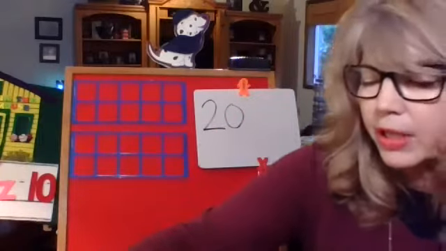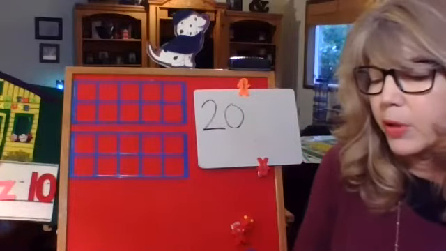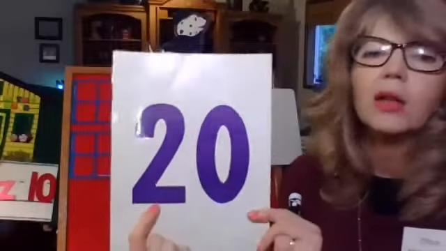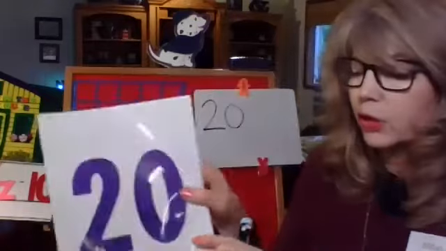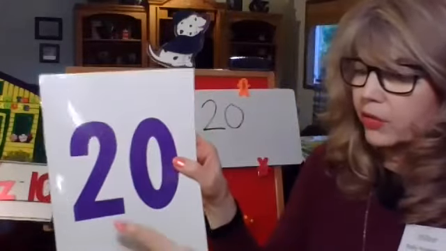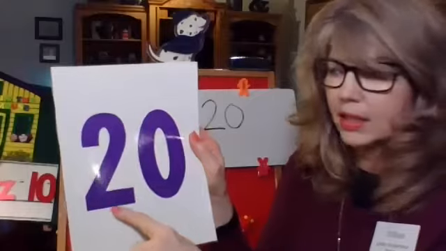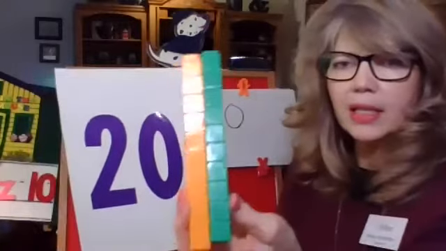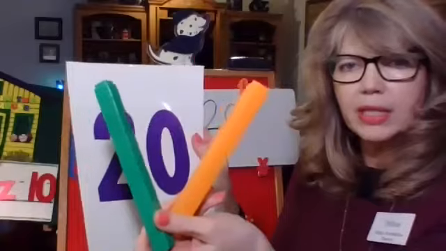So since we're going to be working with the number 20, let's look at this again. How many 10s are in 20? 2. When you have a 2-digit number, the first digit is for the 10 sets. So how many 10 sets did we have when we made 20? We had 2 10 sets.